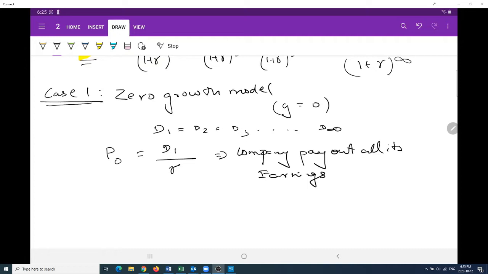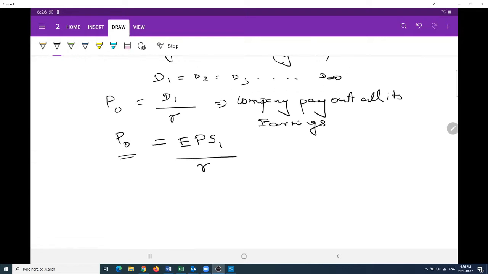And if a company pays out all its earnings, then dividend D1 by R can also be written as earnings per share one year from now, or one time period from now, divided by R. And that is the present value of the stock. So this in some sense is your zero growth model.